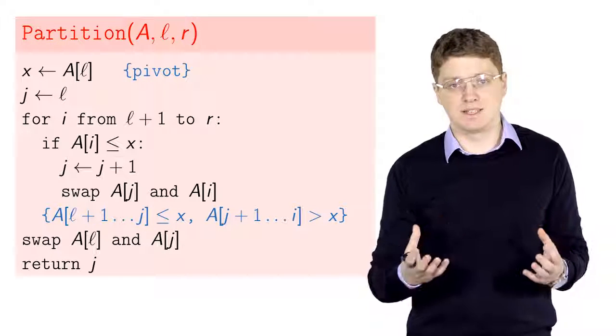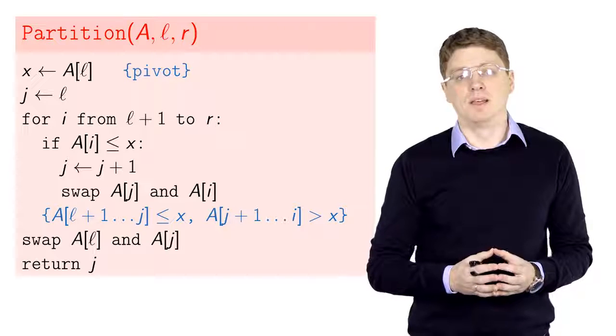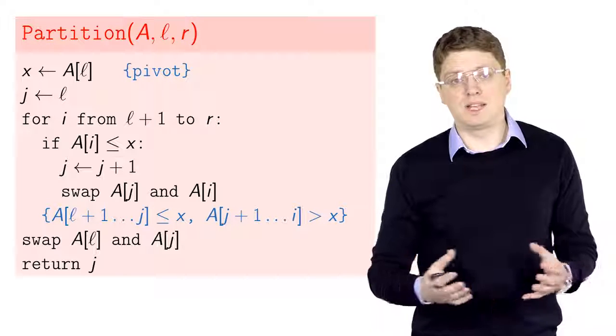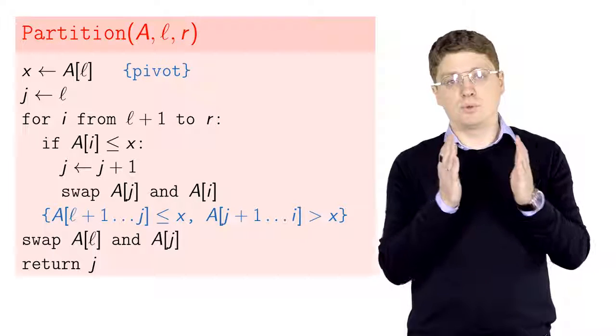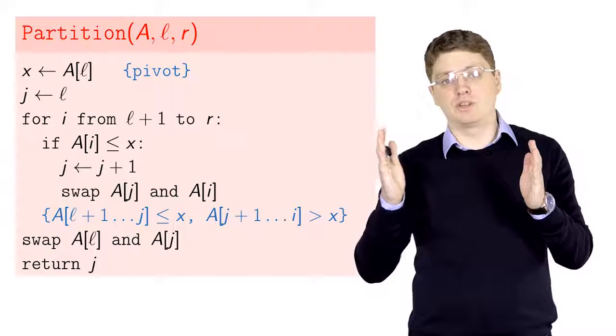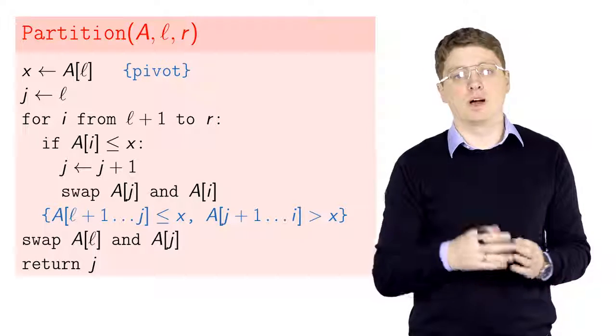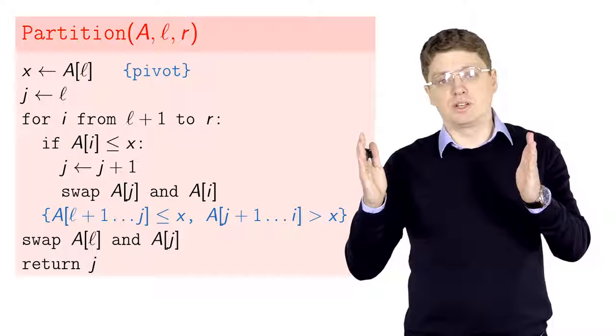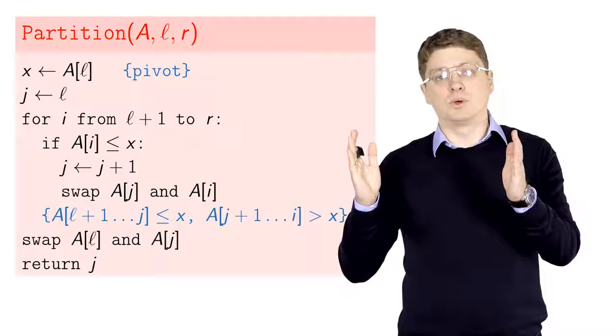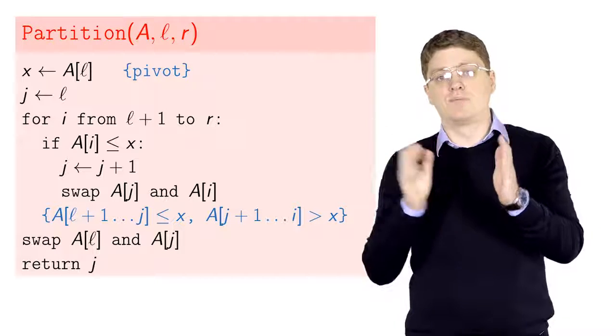So x is assigned A of L. We are also going to maintain the following two subregions. So first of all, we will gradually increase the region of discovered elements. So I goes from L+1 to R, and inside this region of already discovered elements, we will maintain two subregions.